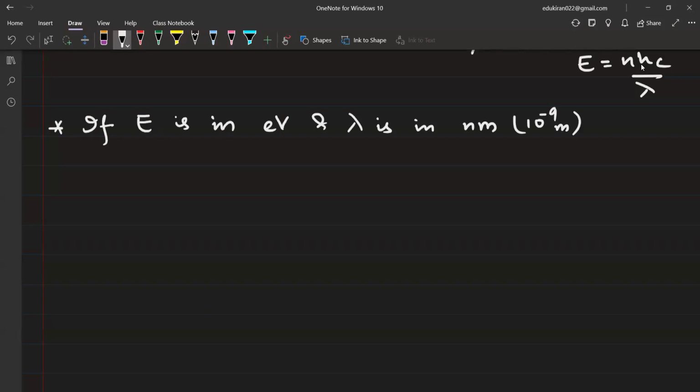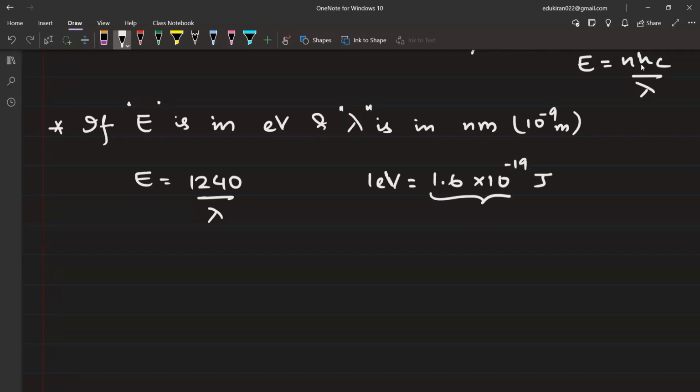Okay, so if E is in electron volts, I will tell you what an electron volt is, and lambda is given in nanometers, then the formula becomes E is equal to 1240 divided by lambda. Just remember, 1 electron volt is equal to 1.6 into 10 to the power minus 19 joules.